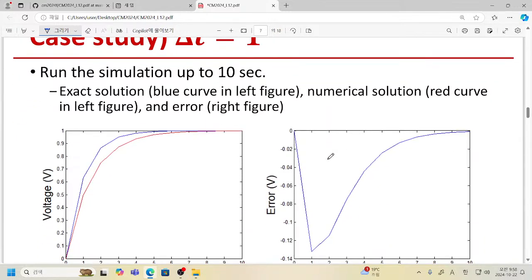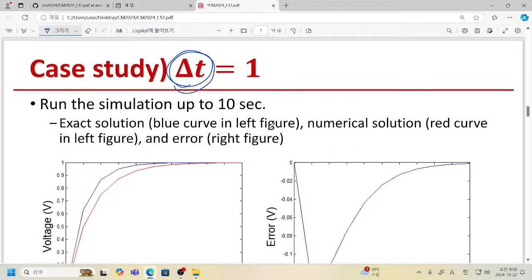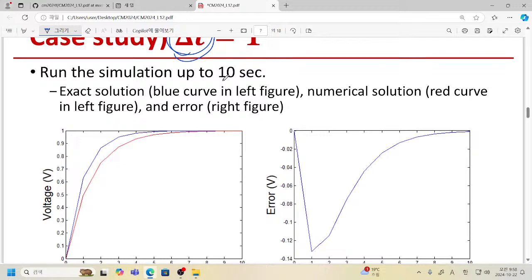We just keep R and C, and only the distance between two time points changes from 1 to smaller numbers. Then let's run the simulation up to 10 seconds. This 10 seconds is not CPU time, but time in our simulation. So it means that we consider 10 time points starting from 1 second up to 10 seconds.